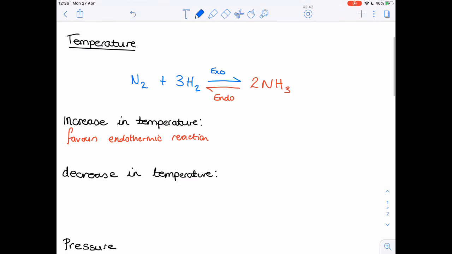So as we're giving off more and more heat, we can get back to the original temperature, and then equilibrium can be happening, and both reactions can happen at the same rate. So that's all we need to know for temperature.